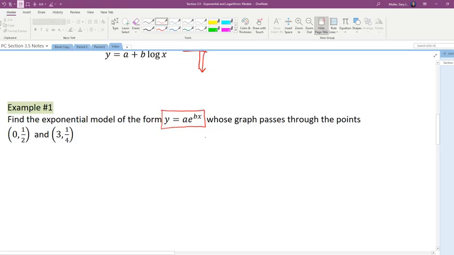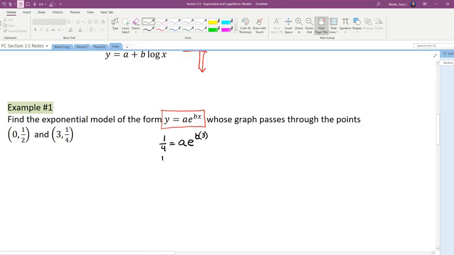For reasons I'll explain in a minute, I'm going to start with the 3 and 1/4. So y is 1/4. Let's go to black here. So if I'm going to use this model, I've got 1/4 equals, I don't know what a is, e is e, I don't know what b is, but x is 3.